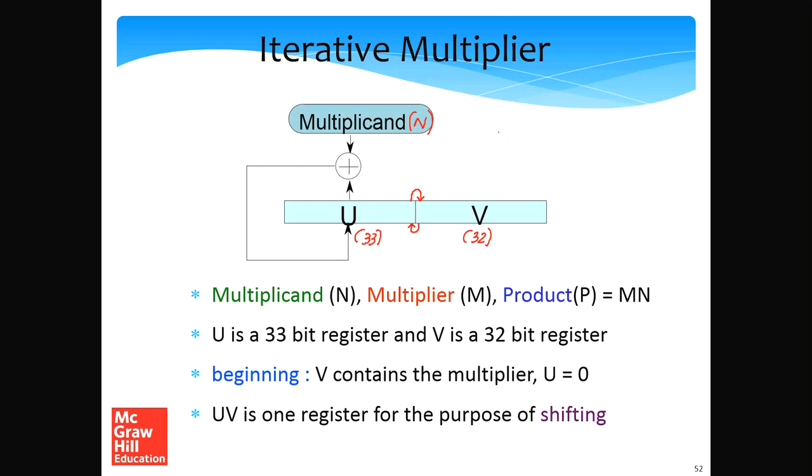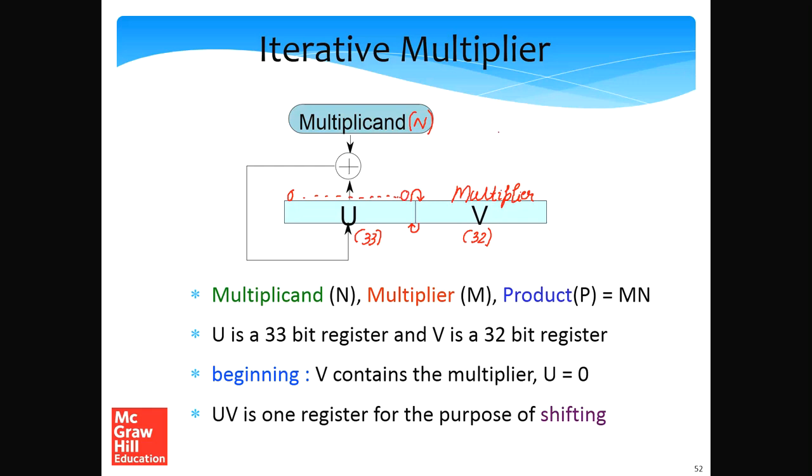So when we shall start the algorithm, what we will do is that we'll load the multiplicand into the register n, and we will load the multiplier into V. So we will start with having the multiplier, and register U will contain all zeros. Alright, so that is the way that we start.